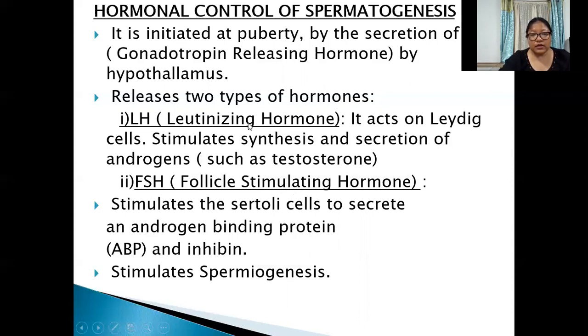Now, what is the utility of the luteinizing hormone? It acts on Leydig cells. Where do you find the Leydig cells? We find the Leydig cells in the interstitial spaces of the seminiferous tubules. And what is their function? Their function is to stimulate synthesis and secretion of androgens.